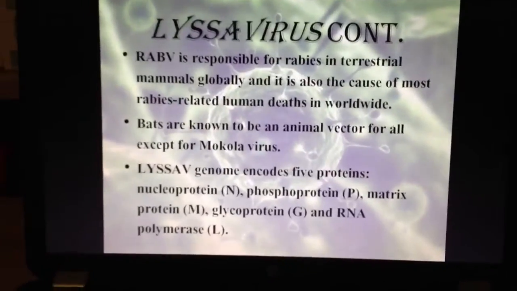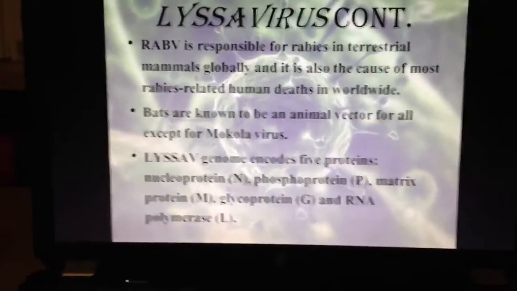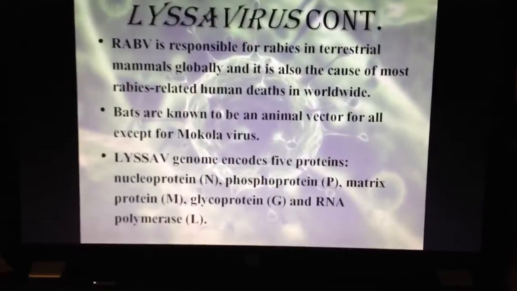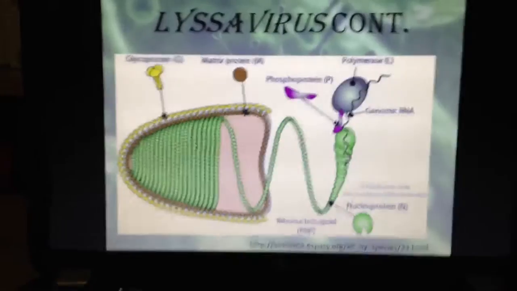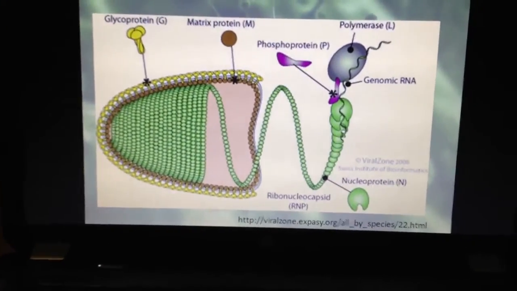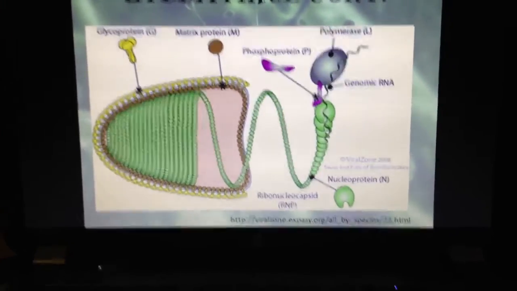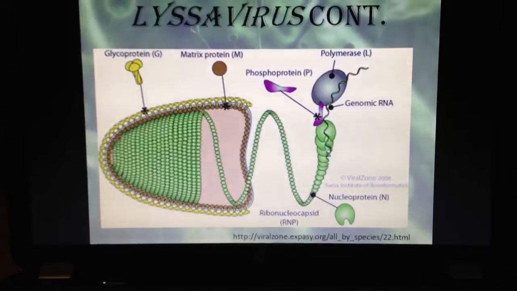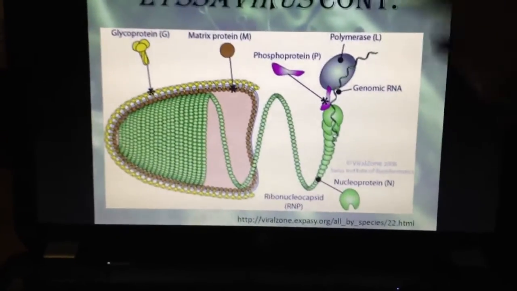Here's the list: the nucleoprotein, phosphoprotein, matrix protein, glycoprotein, and RNA polymerase. And again, you can see a better image of it. The cell, as you can see, has the bullet shape, and then you can see the glycoprotein on the outer side, and then you have the matrix protein, the nucleoprotein, phosphoprotein, and the polymerase on the very top right there.